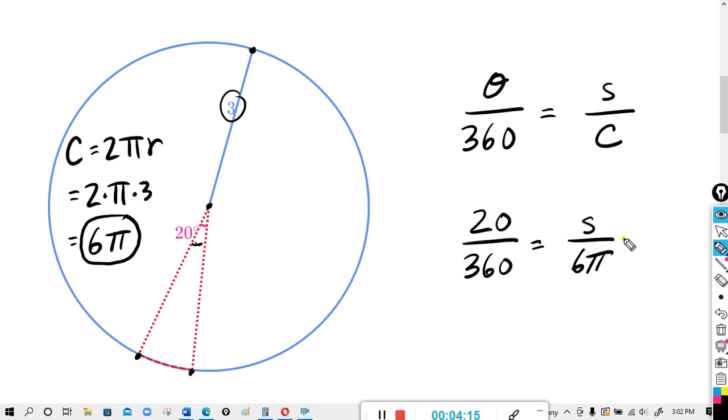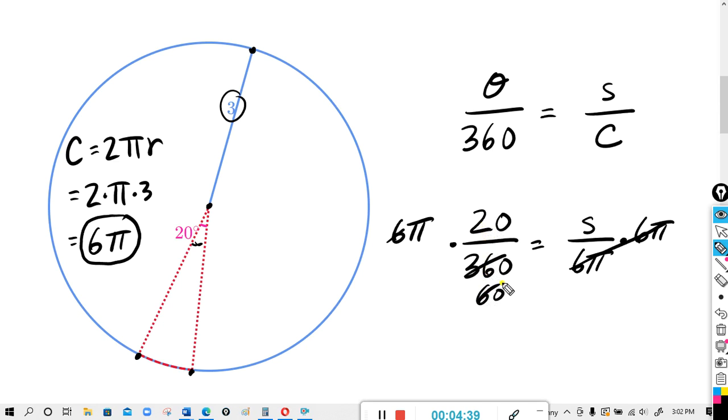Solving for S, S is divided by 6 pi. The opposite is times 6 pi, so we do that to both sides. On the right-hand side, it cancels. On the left, 360 divided by 6 is just 60, and 20 divided by 60 is 1/3.